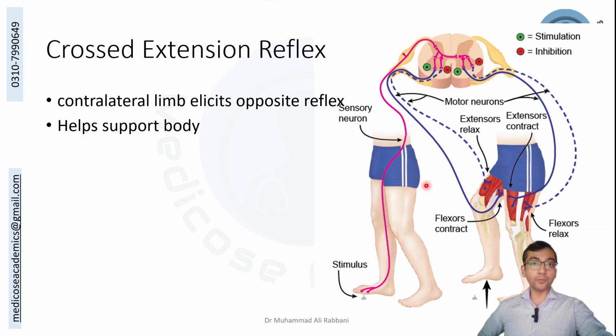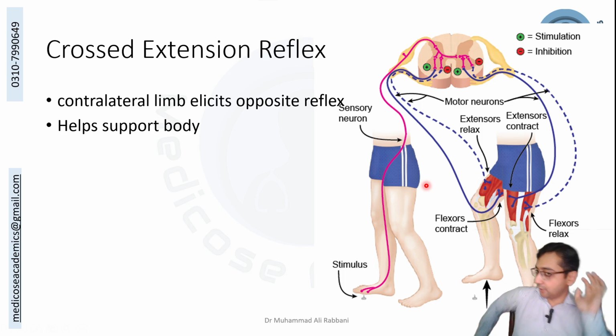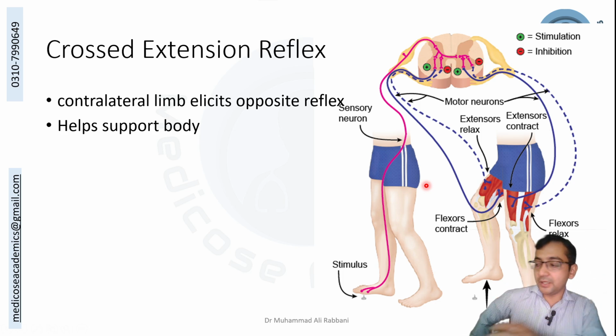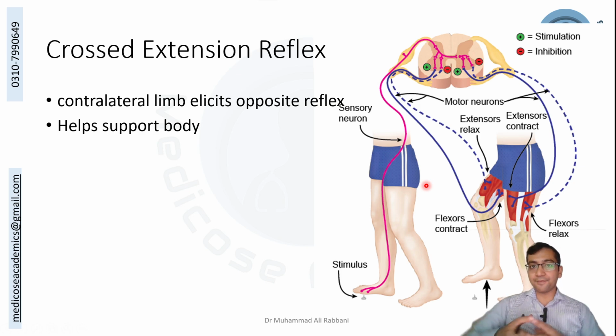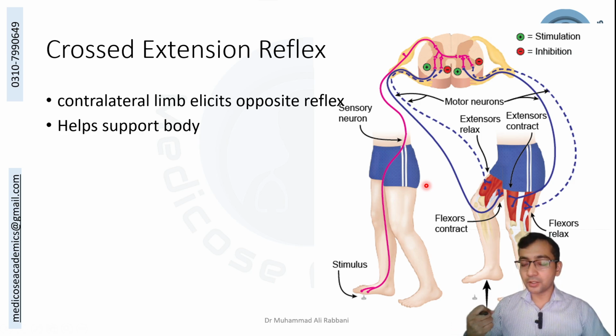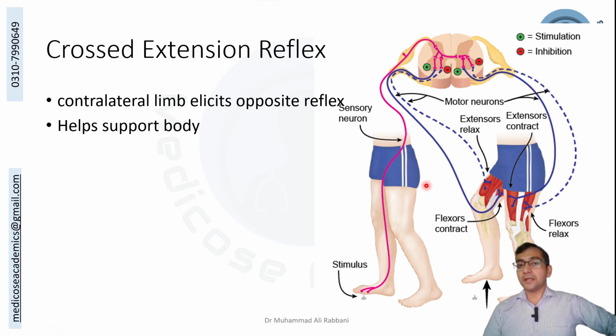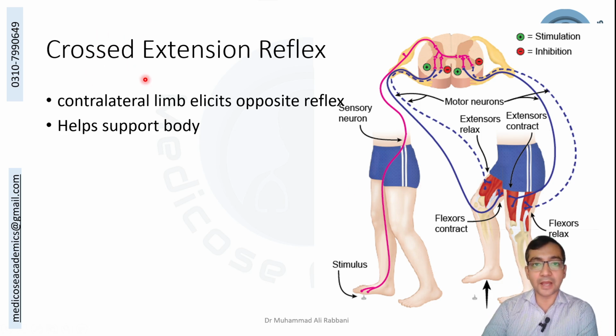Similarly, when you suddenly pull the hand back, your other hand should be looking for a support backward so that you don't fall off. So when the affected limb is withdrawing with flexion, the contralateral limb is extending. This is called the crossed extensor reflex, that on the crossed side, on the opposite side, the extensors will be facilitated and flexors will be inhibited.